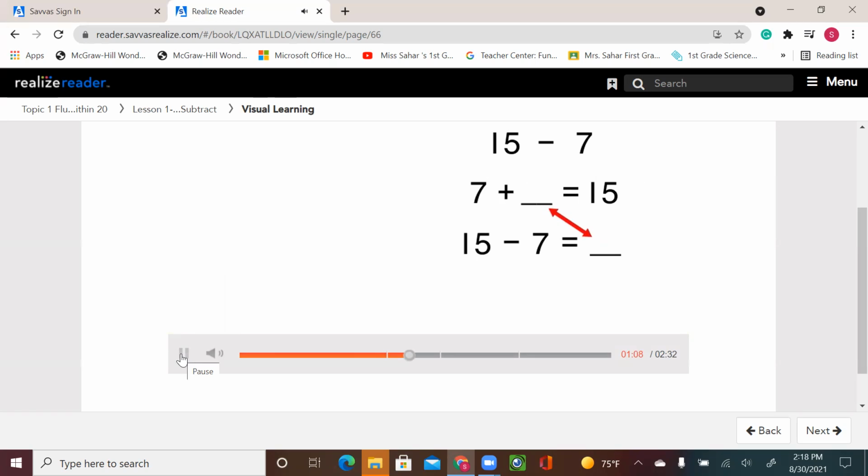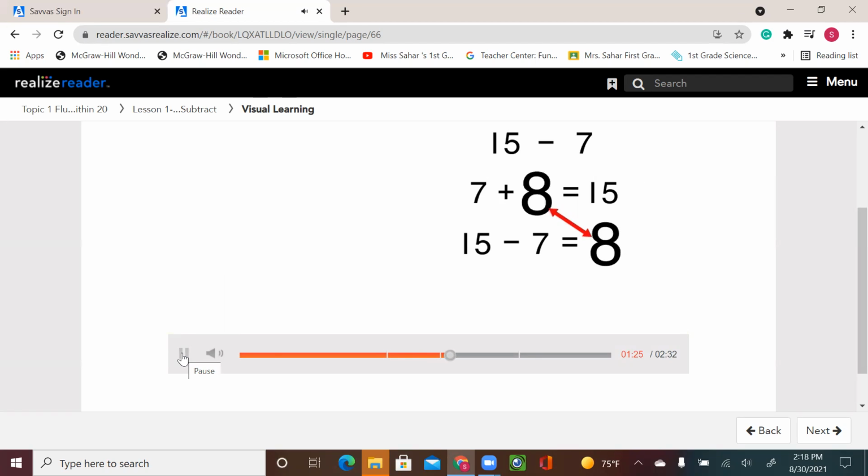How do you know it is the same number? Because the addition and subtraction facts are related. They use the same three numbers. What is the missing number? Okay, we know that it's 8.